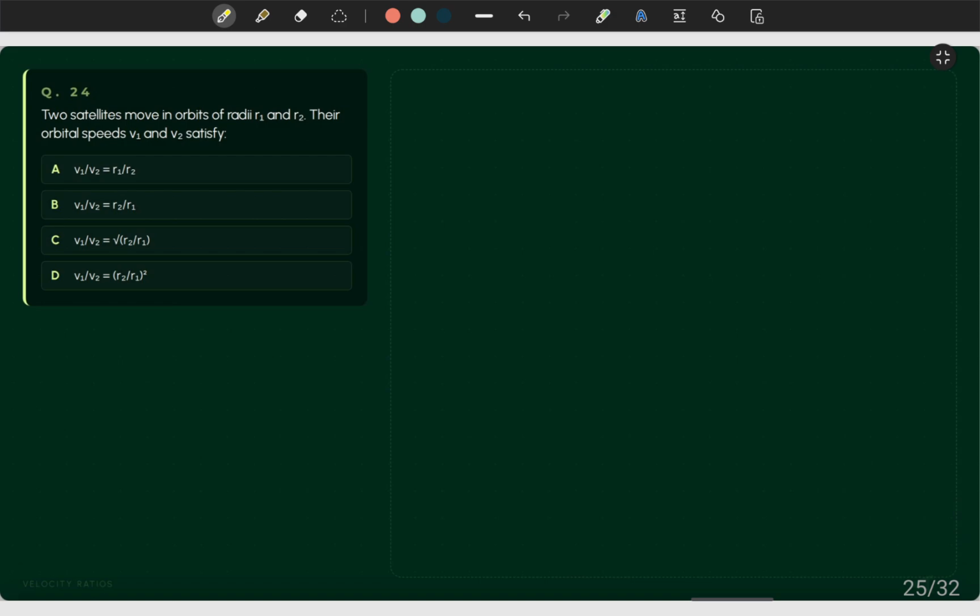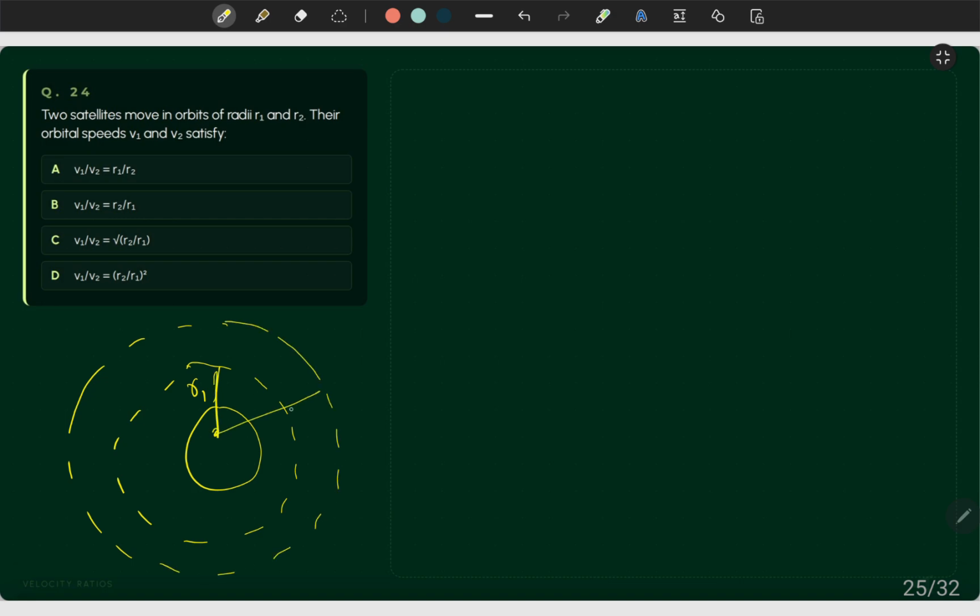Question number 24. Two satellites move in orbits of radius r1 and r2. Their orbital speeds v1 and v2 satisfy. So this is Earth. One satellite is at radius r1. Another satellite is at radius r2.